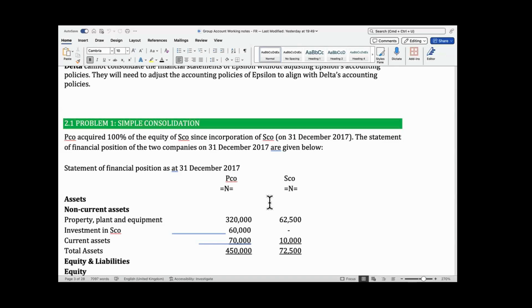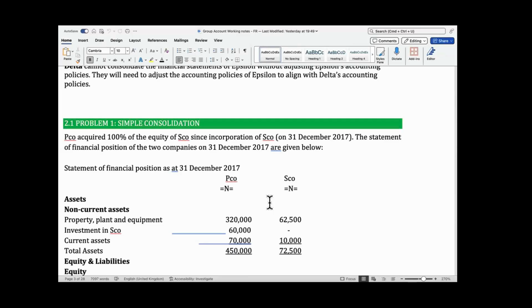Whatever is remaining uncancelled, we call non-controlling interest. The model we adopted in doing our cancellation was: we have the consideration transferred, we add NCI, and then we net that off against the net asset acquired. Whatever is remaining is either goodwill or gain on bargain purchase.